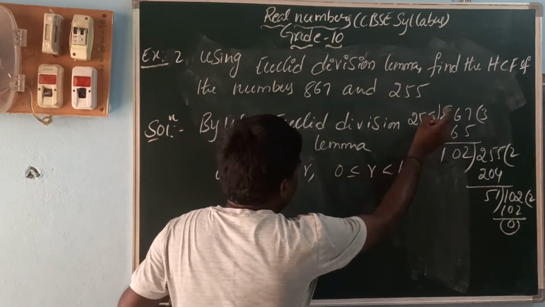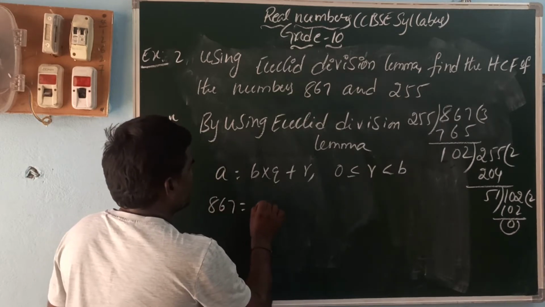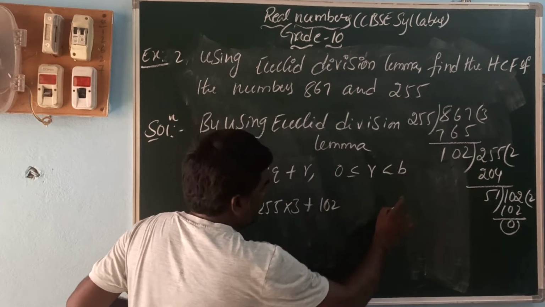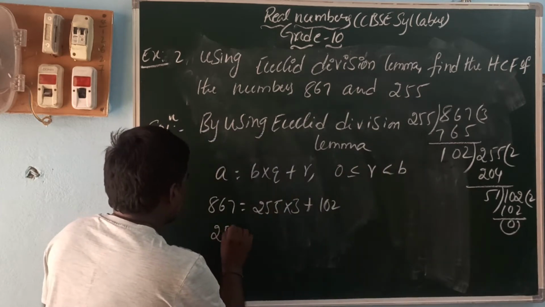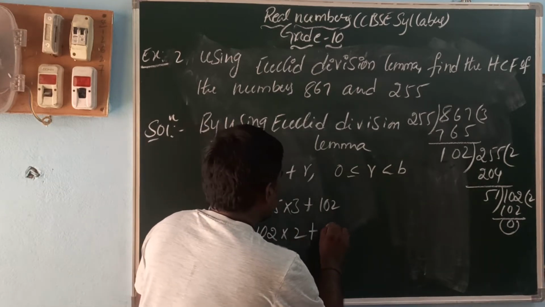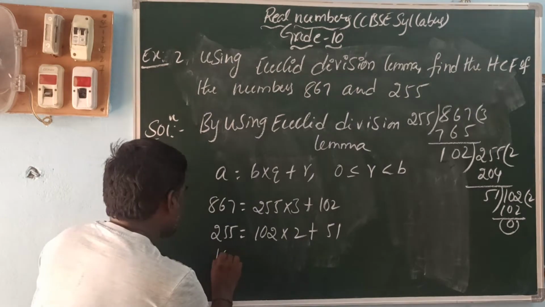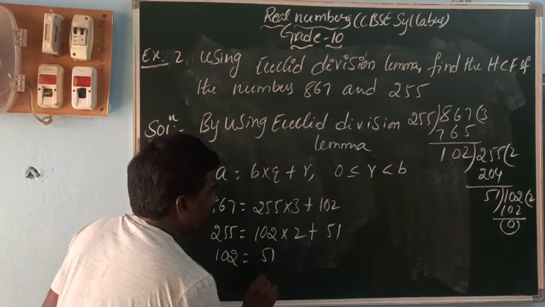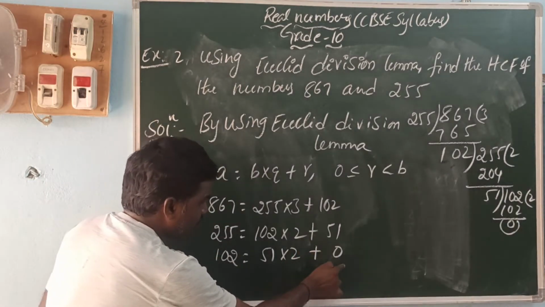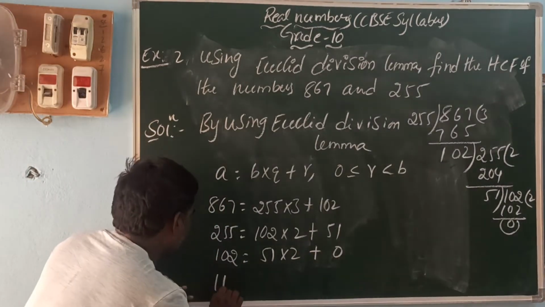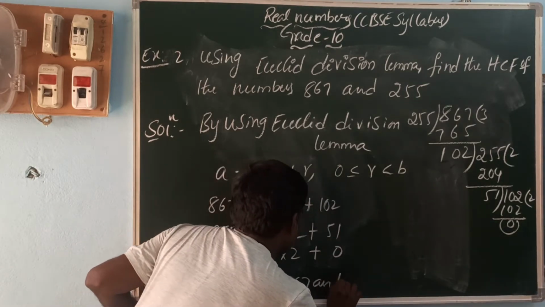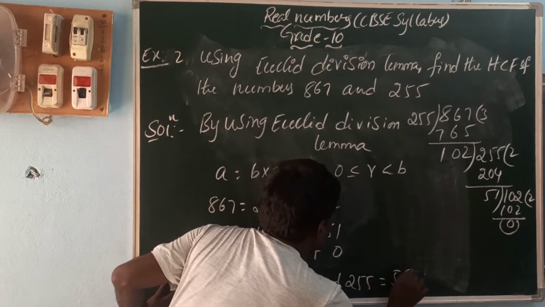In the first division, the dividend is 867, divisor is 255, quotient is 3, remainder is 102. In the second division, the dividend is 255, divisor is 102, quotient is 2, remainder is 51. In the third division, the dividend is 102, divisor is 51, quotient is 2, remainder is 0. Where do we get the remainder 0? At the divisor 51. Therefore, the H.c.f. of 867 and 255 is 51.